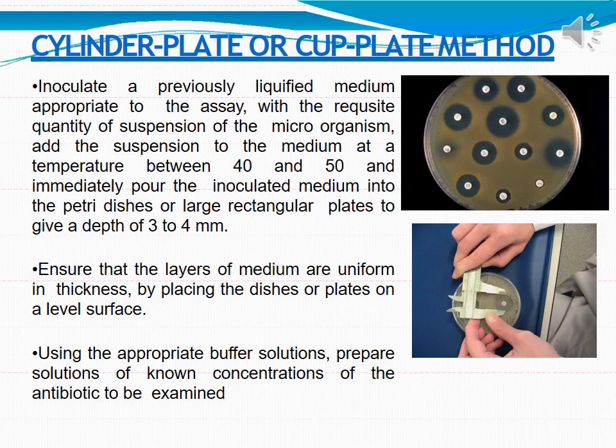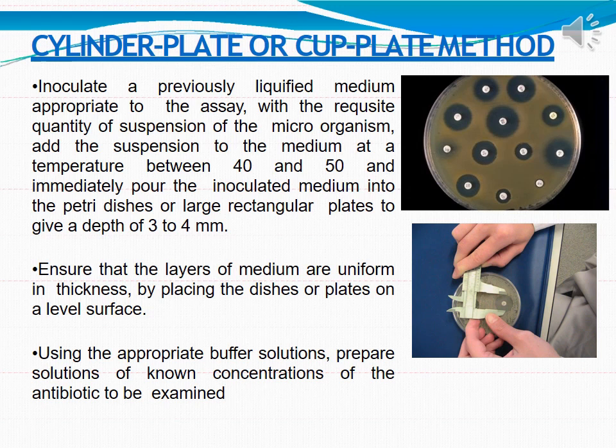Now we take that borer, which is nothing but a hollow cylinder, and bore holes into the petri dish. These holes now act as our cup, and the petri dish itself becomes a plate.